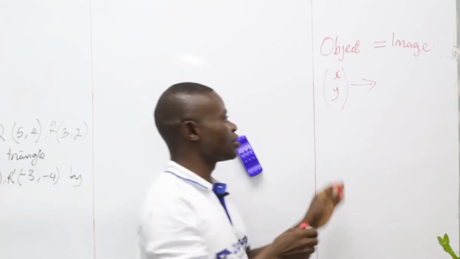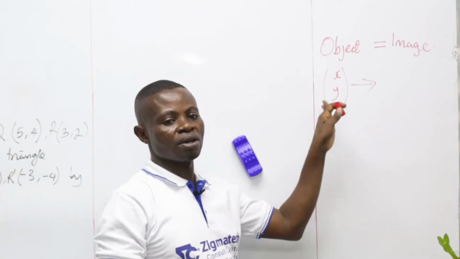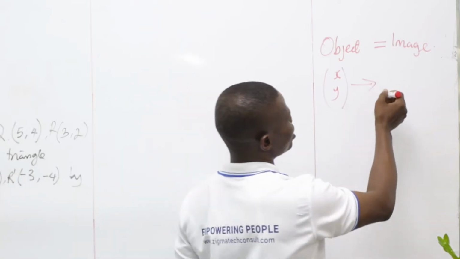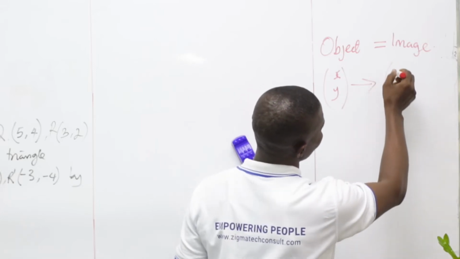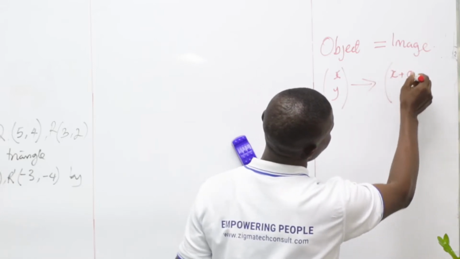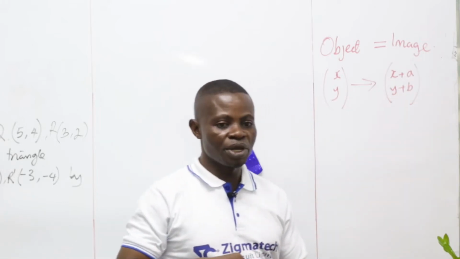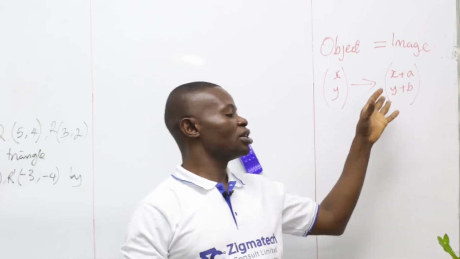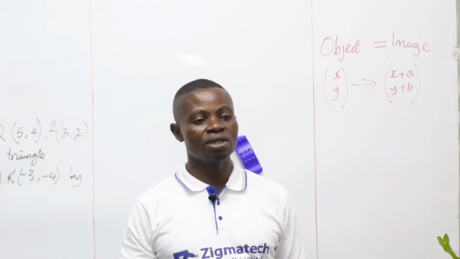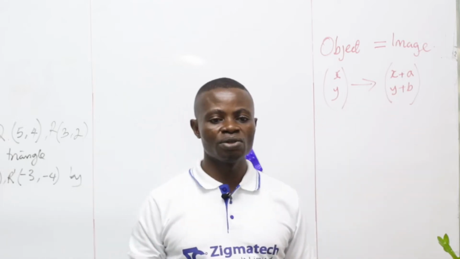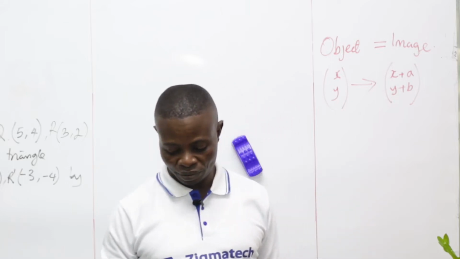If you want to translate this object to another form, to create an image, it will imply what? (x + a, y + b), where a and b are the translation that will be assigned to the objects given to you in the question.